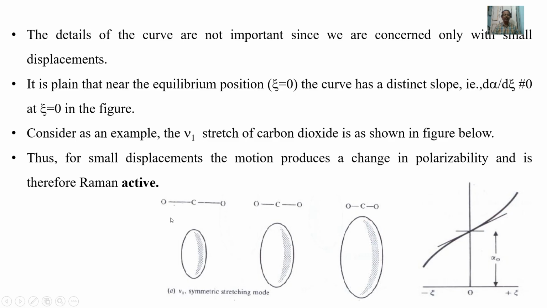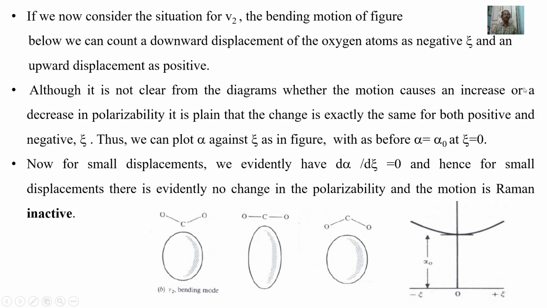For Raman active, d alpha by d psi is not equal to 0. If we now consider the situation for nu2, the bending motion of the figure below, we can count the downward displacement of the oxygen atoms as negative psi and an upward displacement as positive. Although it is not clear from the diagrams whether the motion causes an increase or a decrease in polarizability, it is plain that the change is exactly the same for both positive and negative psi.